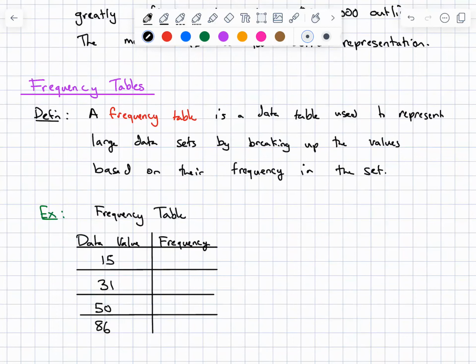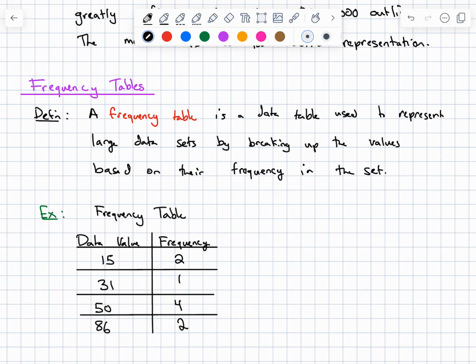So 15, 31, 50, and 86 are the data values. And the frequency is 2, 1, 4, and 2. If you're reading it row by row, it's 15, 2, 31, 1, 50, 4, and then 86, 2.